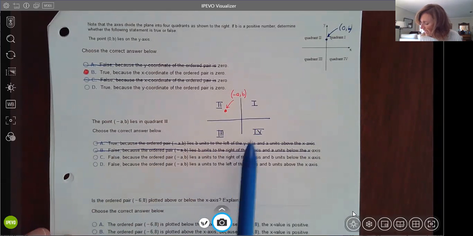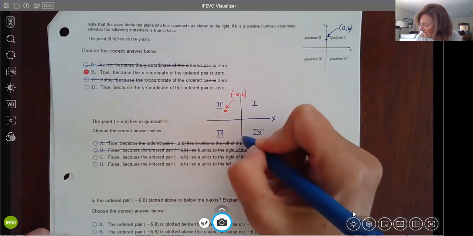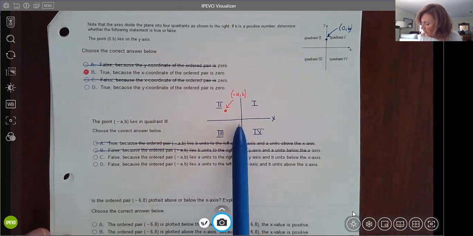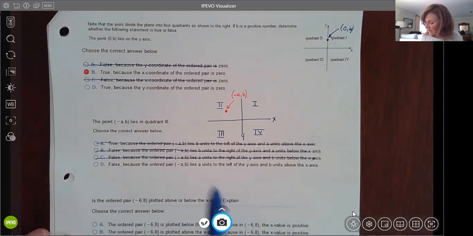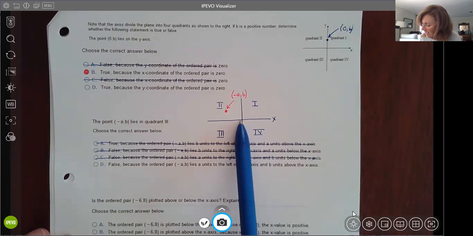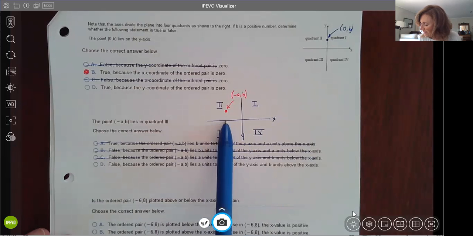So we go a units. Do we go a units to the right of the y-axis? Remember, this is the x and this is the y. Oh, we go a units to the left. We're on this side, so this one can't be true. False, because this point lies a units to the left of the y-axis, and then b units above the x-axis.